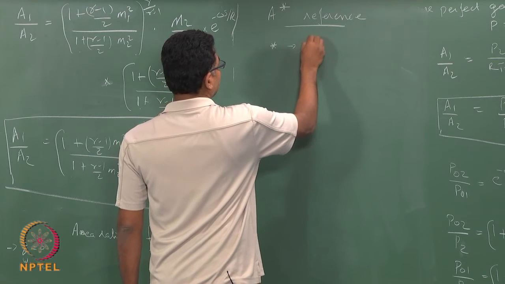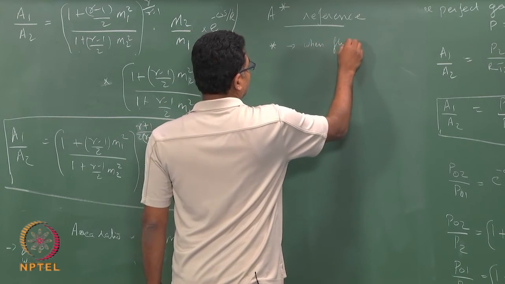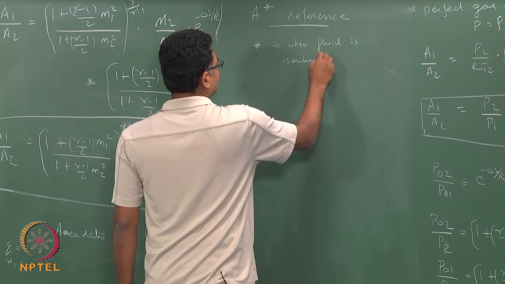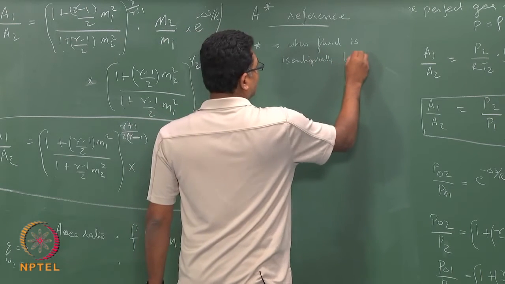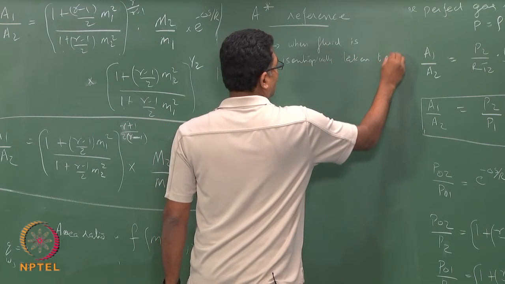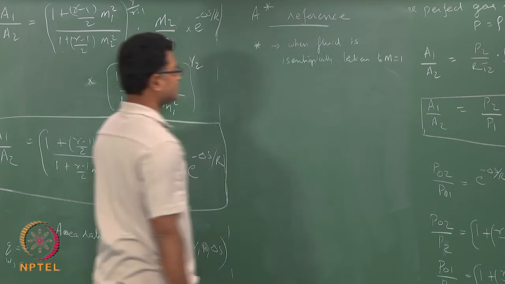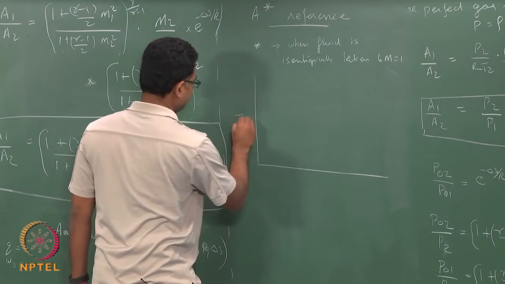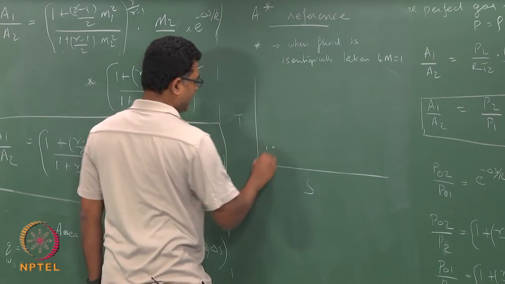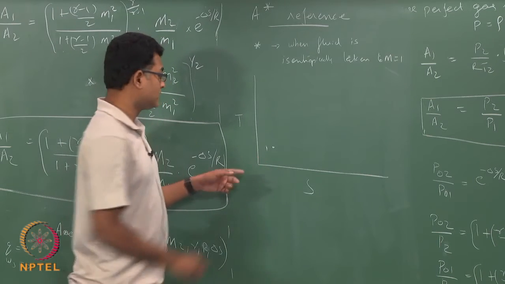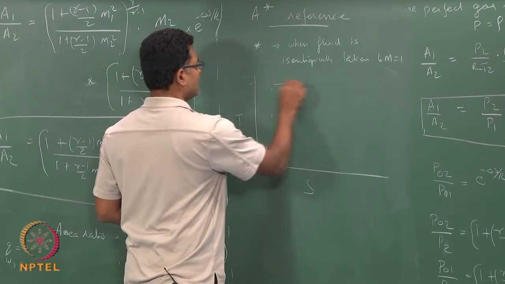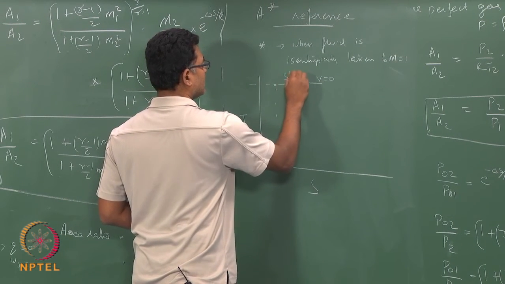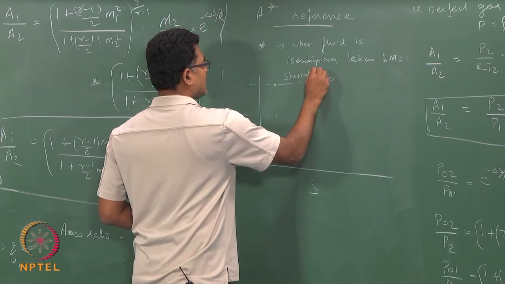Star condition is when fluid is isentropically taken to M equals 1 condition, which means in the TS diagram, from point 1, so I have a state 1, I take it to velocity 0, that is my stagnation point.